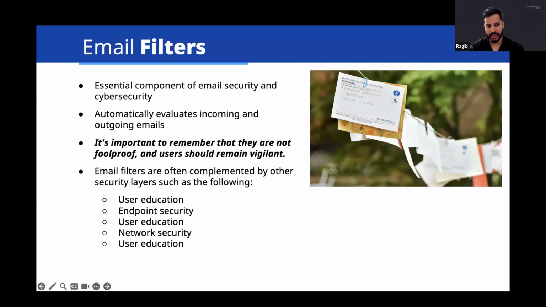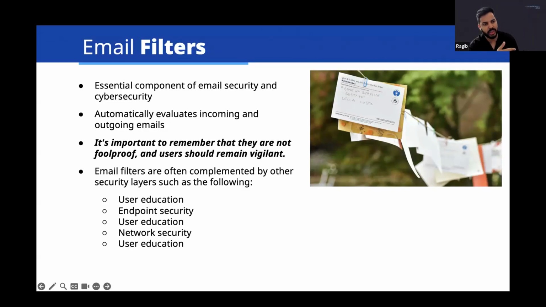That's why educating your employees, educating yourselves about spam and phishing, etc., is so important. Okay. All right. And the other thing is that we can't just apply email filters and go about our day, right? It works best as a layered security approach.